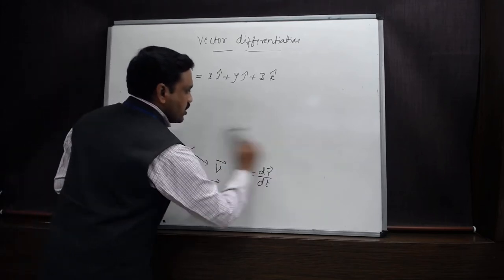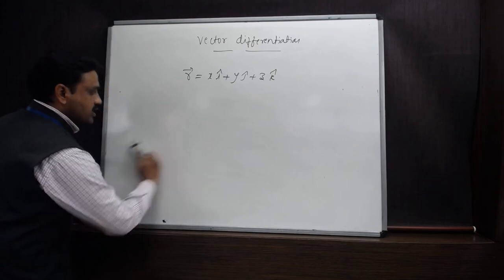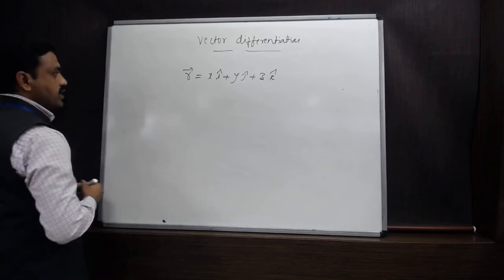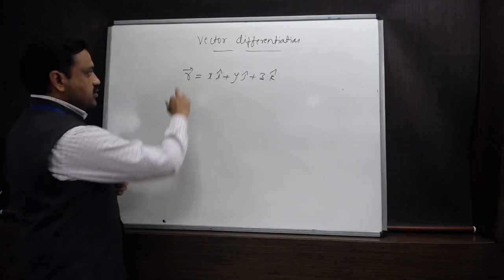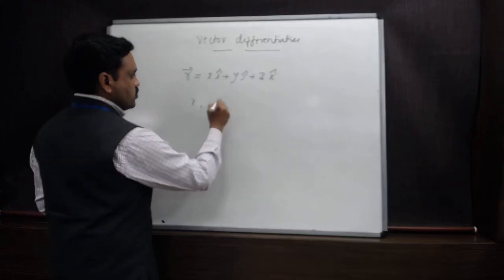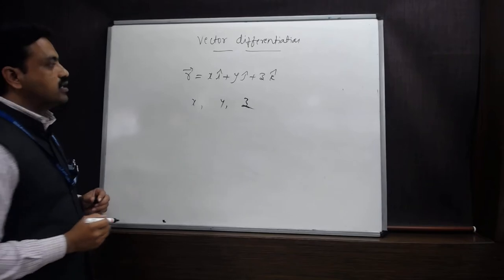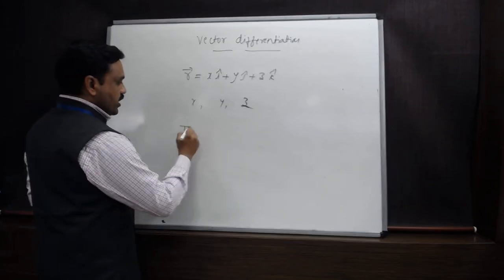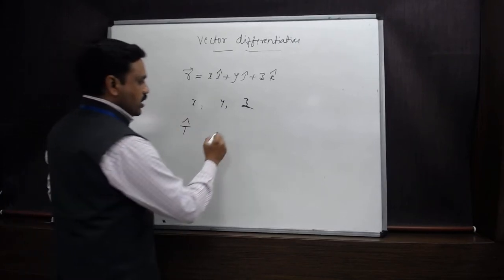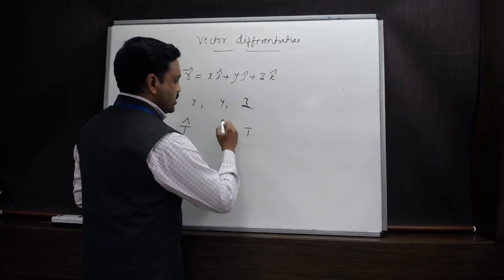Now what type of problem will they ask? They will give r directly, or they will give x, y and z, which is called the parametric equation in terms of small t, and they will ask you to find the unit tangent vector or the angle between two tangent vectors.